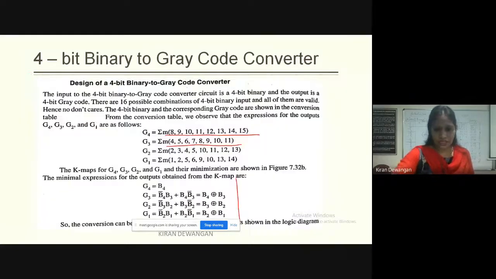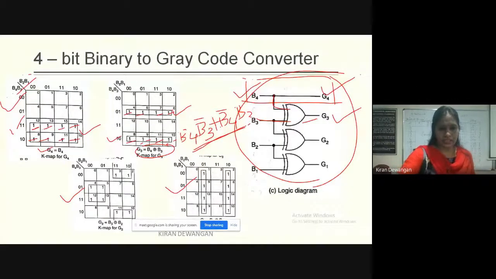Let's see for this. 2, 3, 4, 5, 10, 11, 12, 13. क्या क्या है इसमें? How many quads and pairs are there?